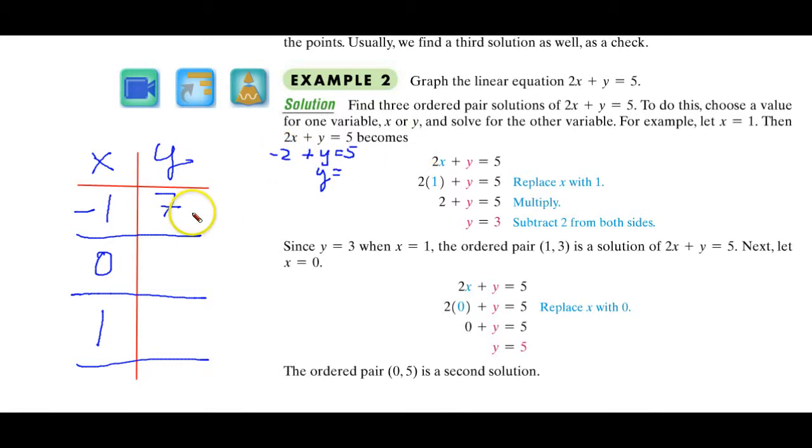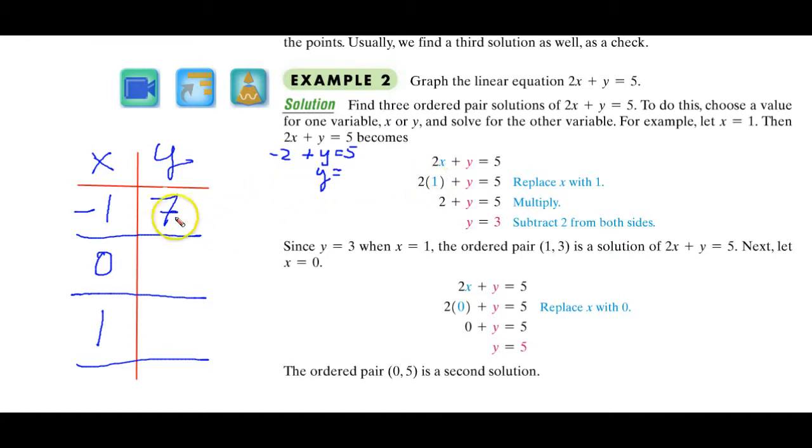Oh, I think I messed up on that one. Come to think of it, let's try that one again. Am I doing this right? Yes, I was right because I was looking over here and they were using a positive 1.